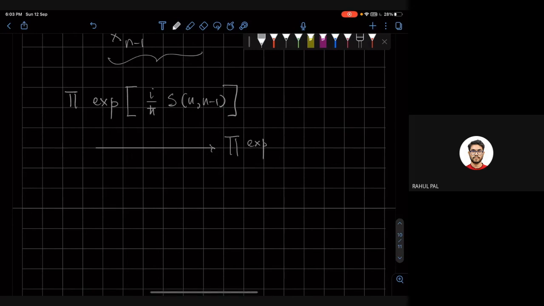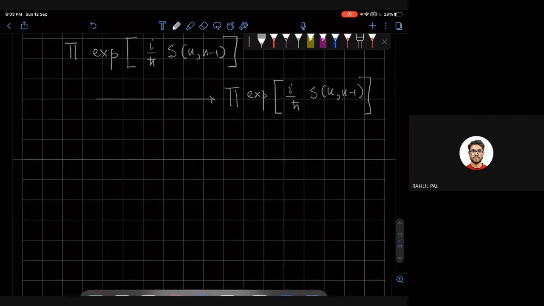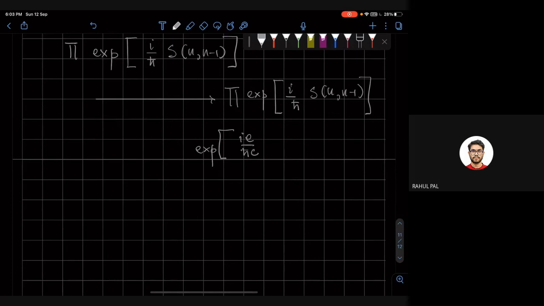contribution, the original contribution will still be here, but each segment of path contributes an exponential of i times e by h bar c, a line integral along that bit. But if we add up all the line integrals, we basically get the whole path from beginning to end.